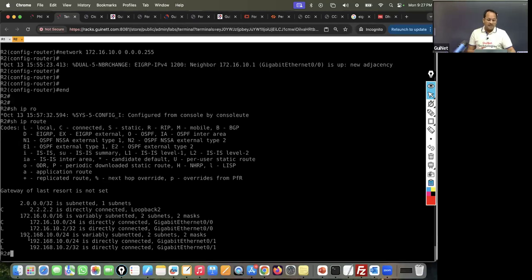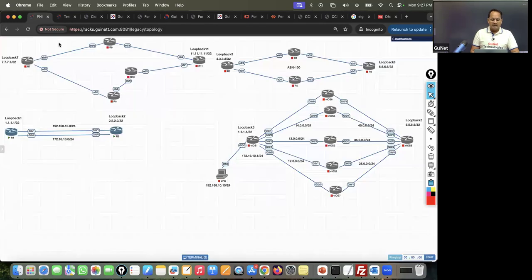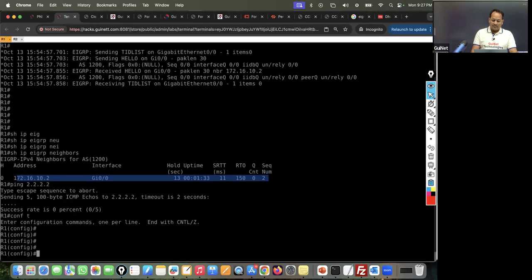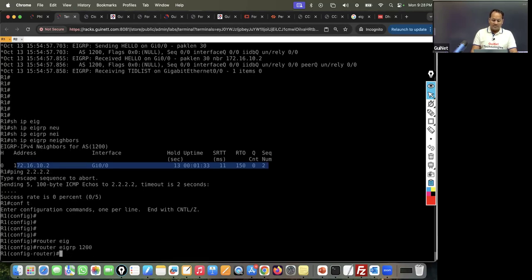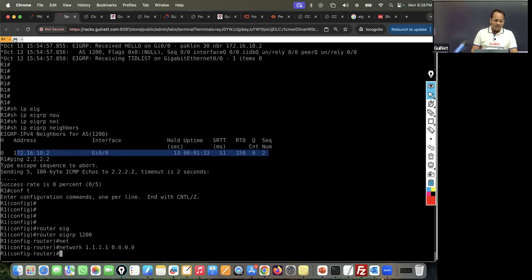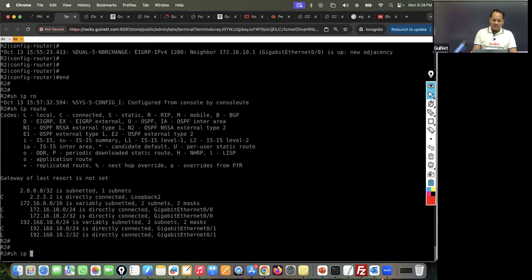So we do not have anything in the routing table and I cannot do anything. But if I go to R1, go in config t, and go to router EIGRP 1200, the classic mode, and put the network, that is 1.1.1, and the wildcard mask, this one. Boom. You will see that it will get the route here.